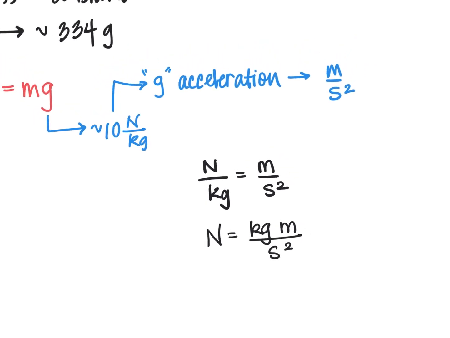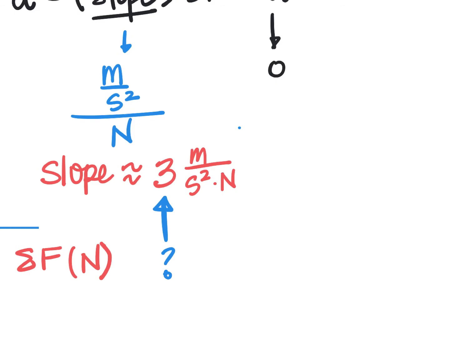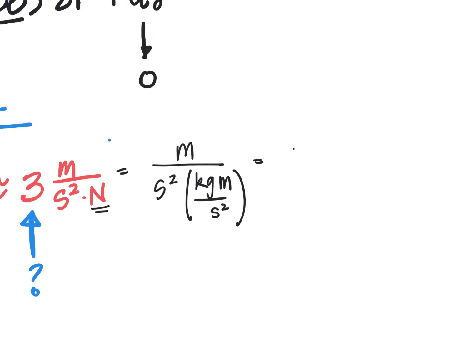All right, so let's go way back up here to our slope value. And so we can substitute what a newton is into this unit. So we'll have meters divided by second squared times kilogram meter per second squared, which would be equal to meters per second squared times second squared divided by kilogram meters.